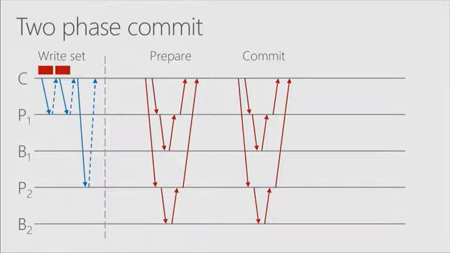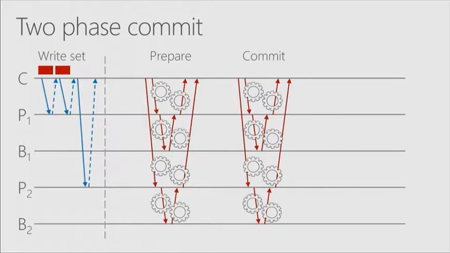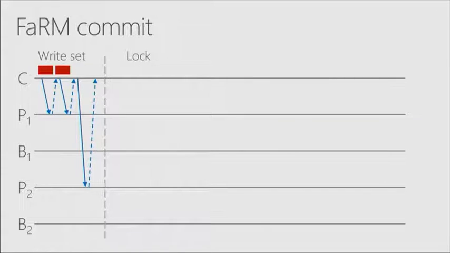And this would work fine. We would be able to commit the transaction in only 2 round trips, but this uses quite a few messages, as you can see, and also all these messages need to be processed by the CPU. So for these reasons, we decided to design our own protocol to minimize the number of messages and the CPU processing. And this is what the Farm protocol looks like.